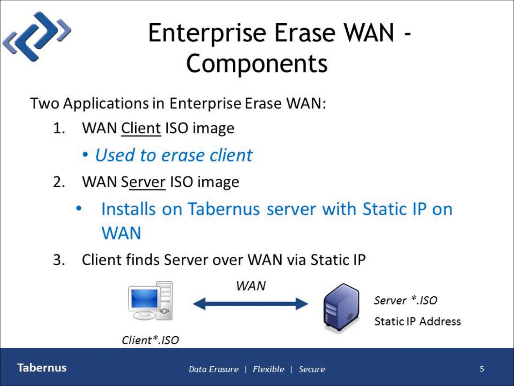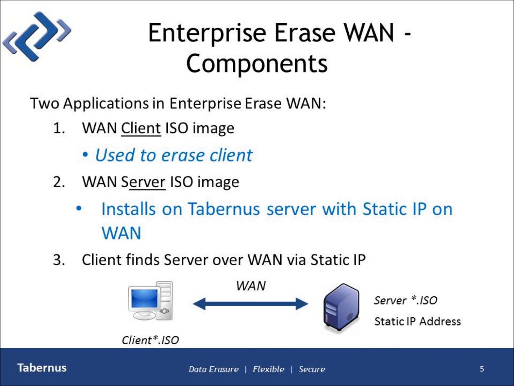Let's dive a little bit deeper into Enterprise Erase WAN. There's really two basic components. There's an actual image that's used to erase the client, and that would be used when you are ready to retire a device or erase one and put it back into reissue. And that really works and tells the device to erase itself. But before that kicks off, there is a master server or a WAN server.